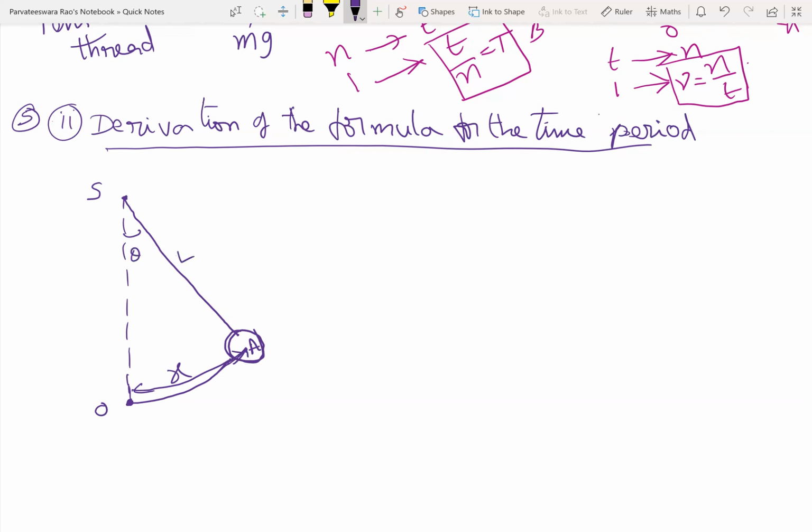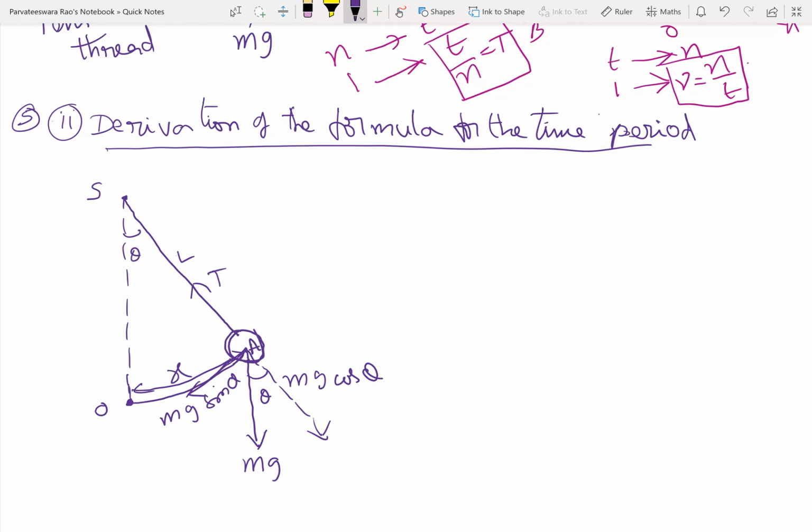So at this position, this is the weight mg acting in the downward direction. Resolving the weight into two components, mg makes an angle theta with the vertical. So this becomes mg cos theta, and mg sin theta.